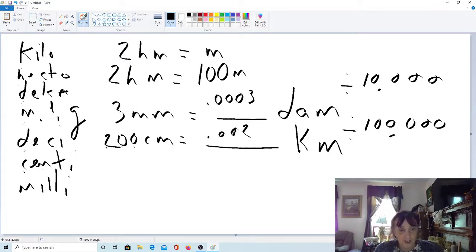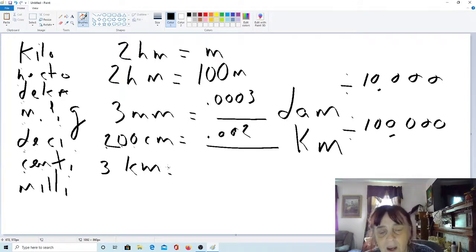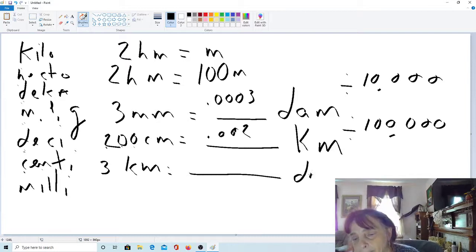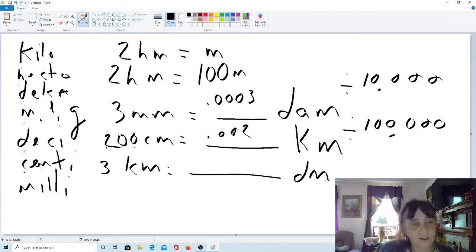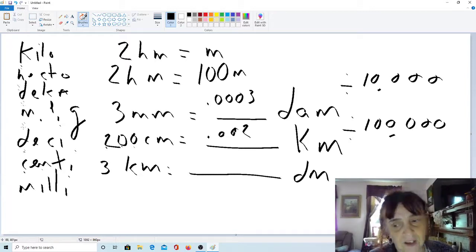Now, what if you want to go down the ladder? For every place you go down, you multiply by 10. So let's say we have 3 kilometers, and you want to change it to decimeters. To go from kilometers to decimeters, multiply by 10, 100, 1,000, 10,000.